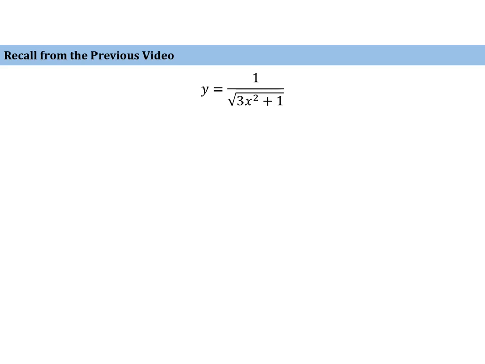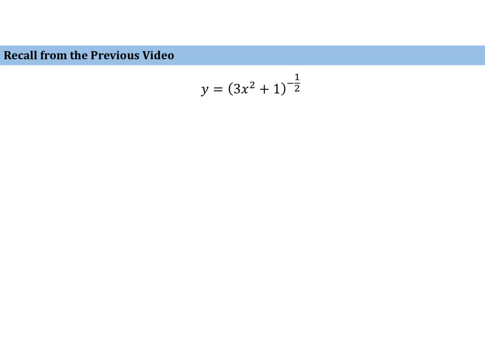Now we are going to do the same thing, but we are going to look for a pattern to see if we can shorten the time it takes to find the derivative of functions like this one. For convenience, let's first start by rewriting this function. So instead of 1 over the square root of 3x squared plus 1, we're going to take 3x squared plus 1 and raise it all to the negative 1/2 power.